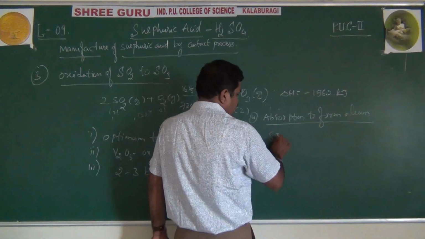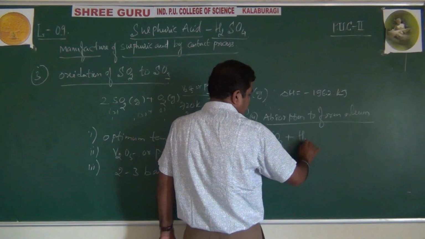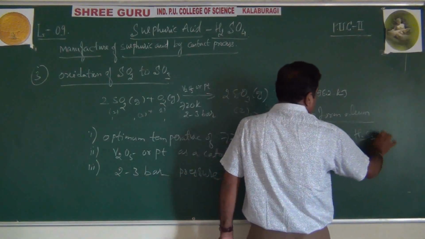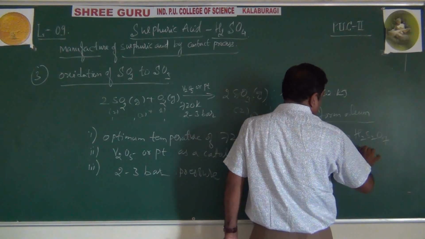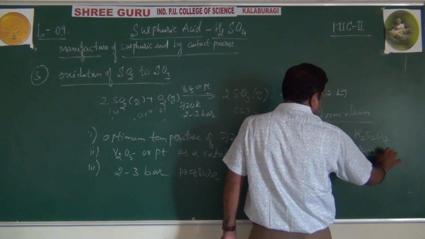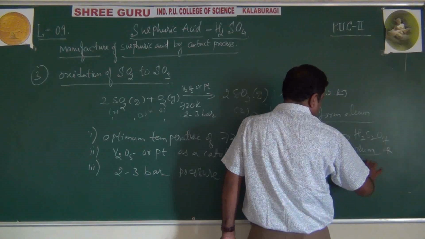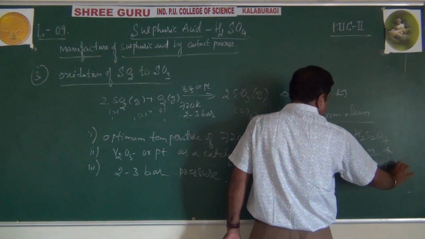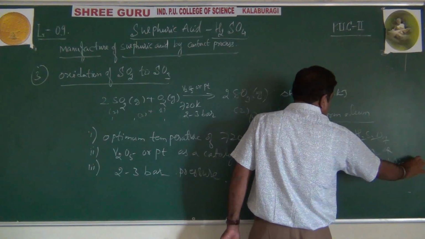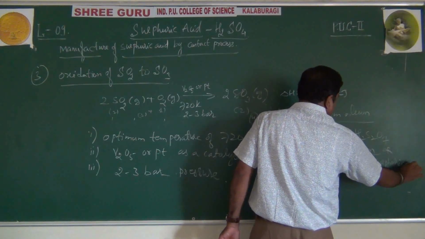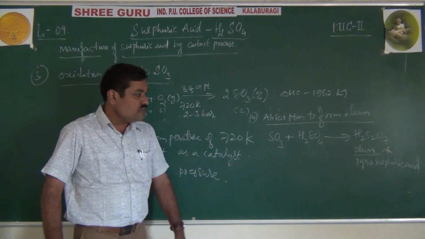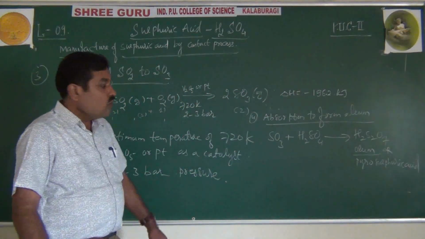That means this SO3 is not directly absorbed in water, it is absorbed in H2SO4 itself to form H2S2O7, which is called oleum, or it is also called pyrosulfuric acid, in 98% concentrated sulfuric acid.